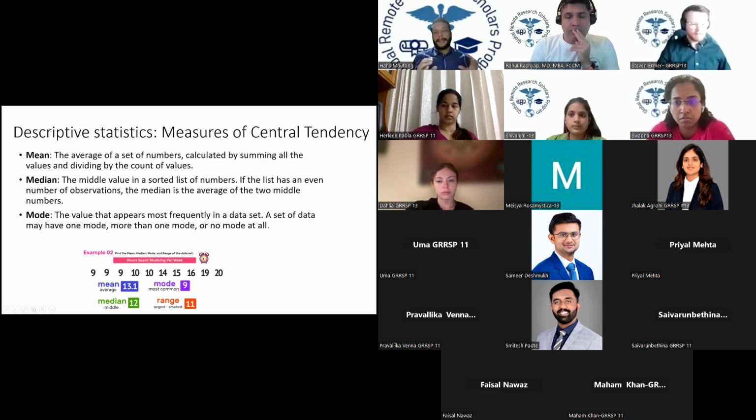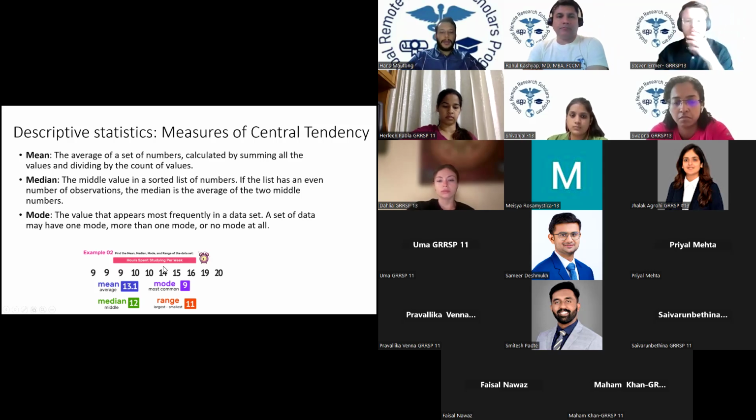We organize them in ascending order, from the minimum, the smallest number, to the largest one. Then we take the one in the middle. Here we have 5 numbers from the start to the middle, and from the middle to the finish line, we also have 5 numbers.